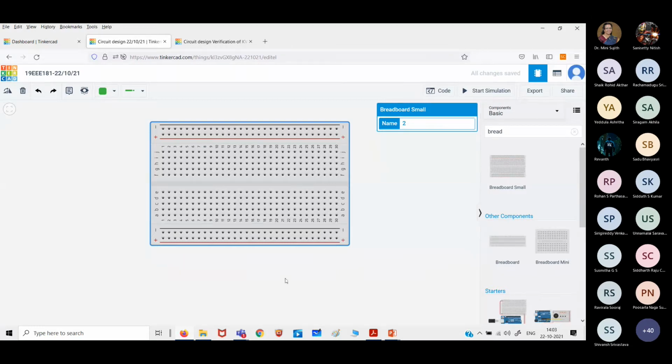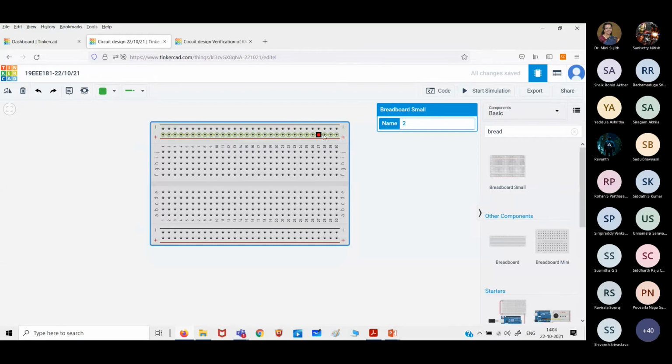Now since this is a simulation platform, if you place your cursor here, you can see some green color circles with dots on all the connections. Correct? Here or here, all horizontally you can see if you point at any of the dots.